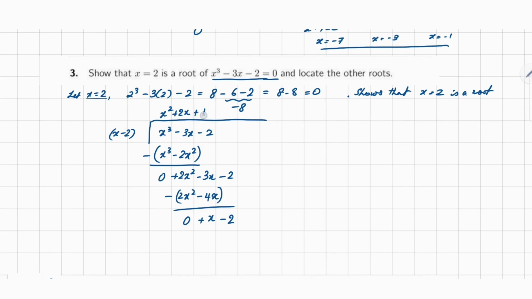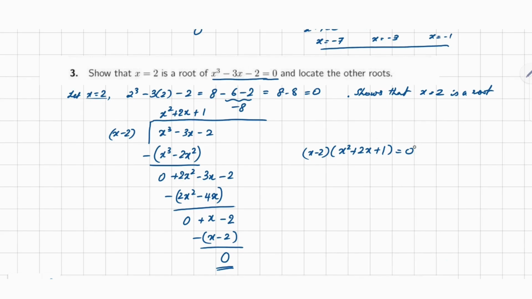So we multiply it with 1. And we get x minus 2. x minus x gives us 0. Minus 2 minus of minus 2 gives us 0 because it's minus 2 plus 2. So our polynomial can be written in the form of x minus 2 times x squared plus 2x plus 1 equals 0.